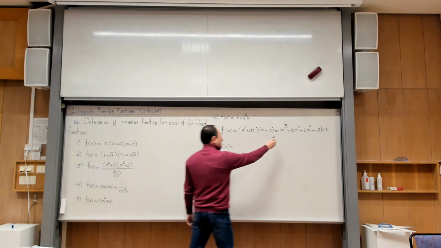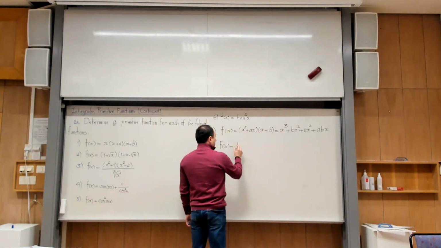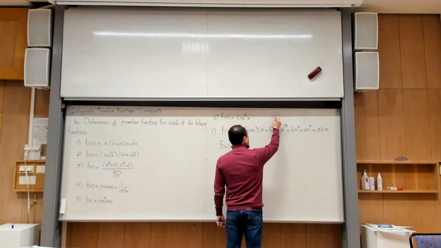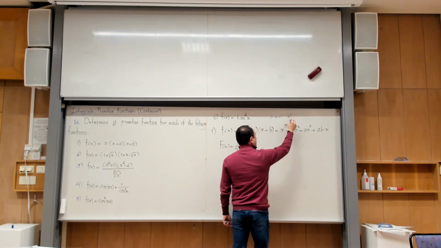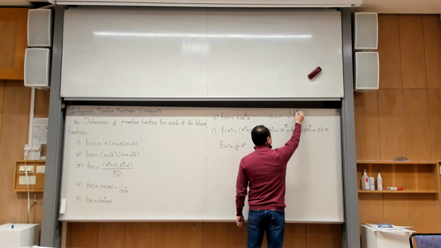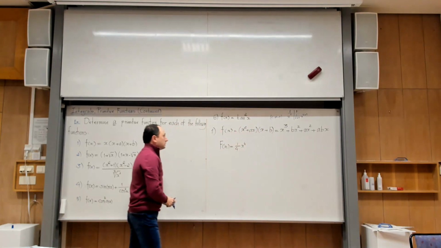So if I ask you what is a primitive function of this, this becomes a fourth x to the power of 4. So which formula I'm using? If c is not equal to -1, do you remember? If I have x to the power of c, the primitive, if this is my f, this is capital F, it becomes 1 over c plus 1 x to the power of c plus 1.